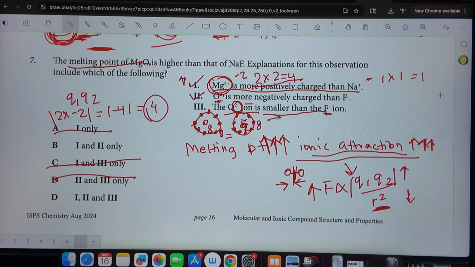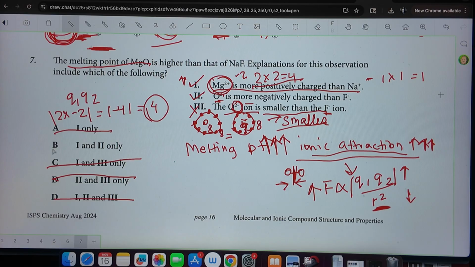So the fluorine ion is actually smaller, since there are 9, let's say, magnets and 8 magnets instead of 8 and 8 magnets. This would pull the electrons in closer, so this radius would be smaller than oxygen's. So anything with the answer 3 would be wrong. So this is wrong, and this is right.